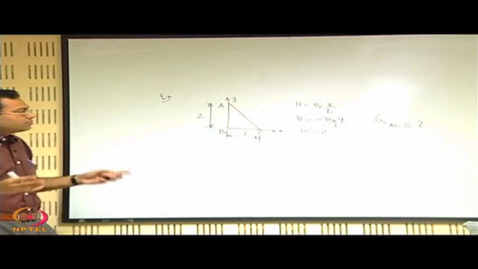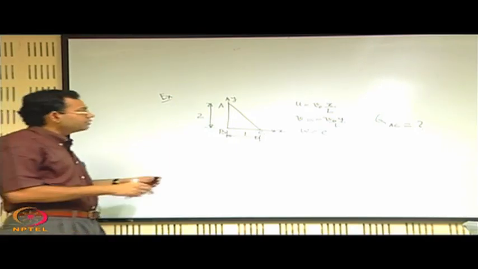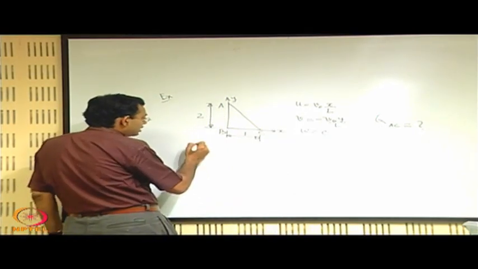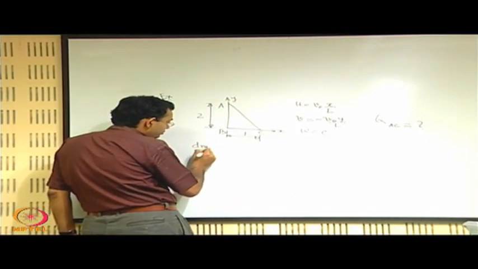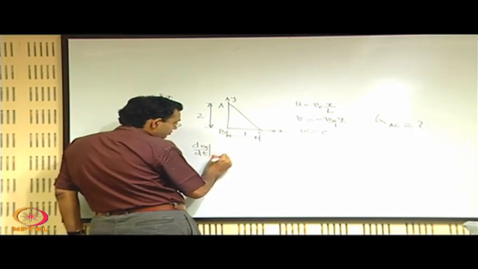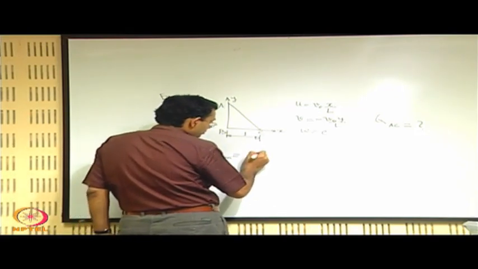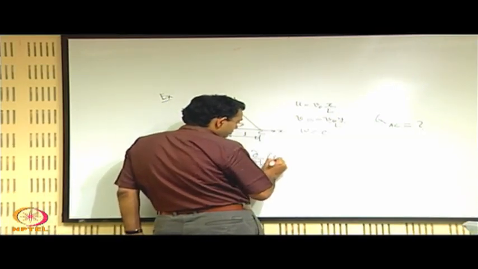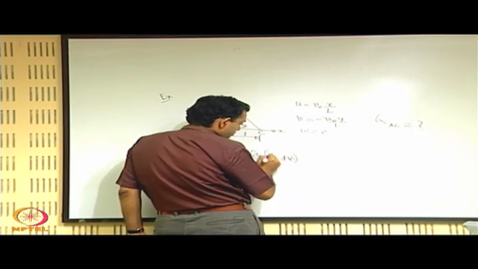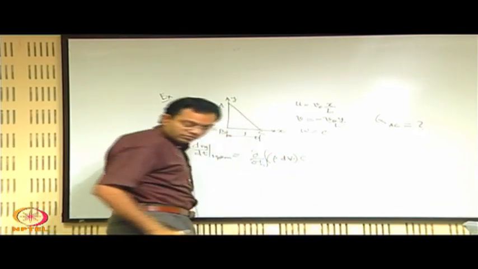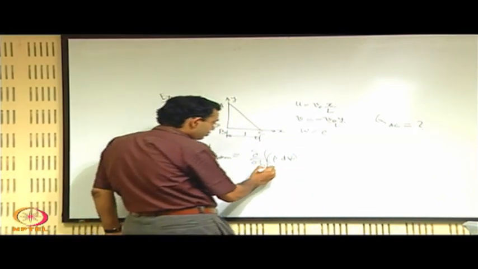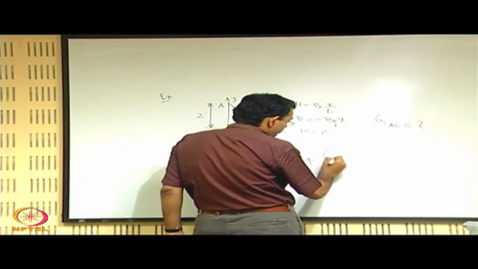So, the net rate of transport should be given by the integral form of the mass conservation, that is you have dm dt for the system plus this for the control volume plus integral of rho.